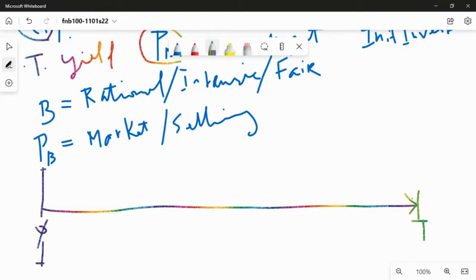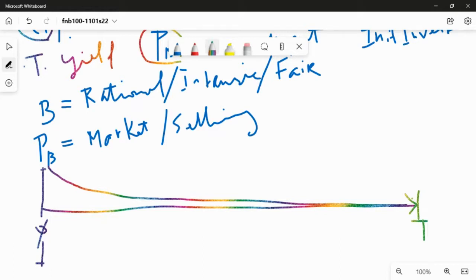You all know if the price at time zero or at any point is above the par value, then that's called a premium bond, right? And think about it. Over the life of the premium bond, the price will eventually decline like this. Isn't it right?